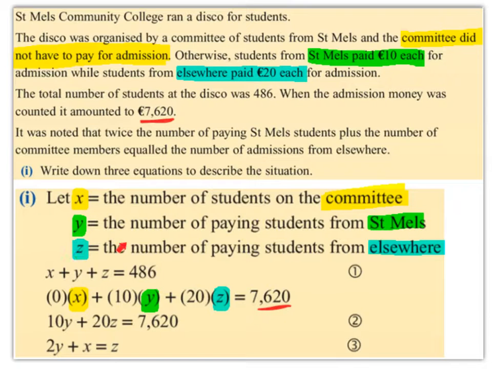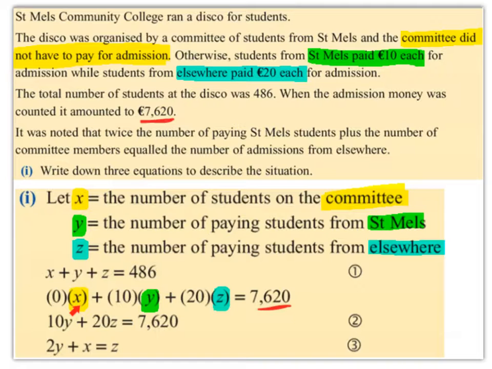So if z represents the students from elsewhere, then we're going to multiply 20 by z. So €20 multiplied by the students from elsewhere is 20 multiplied by z. And we were also told that when the admission money was counted, it amounted to €7,620. So all of this is equal to €7,620.